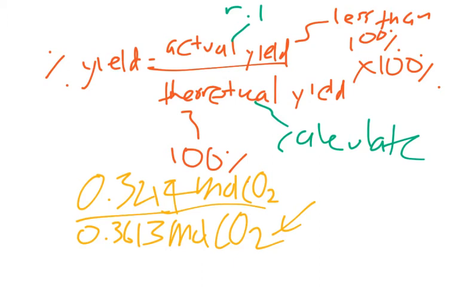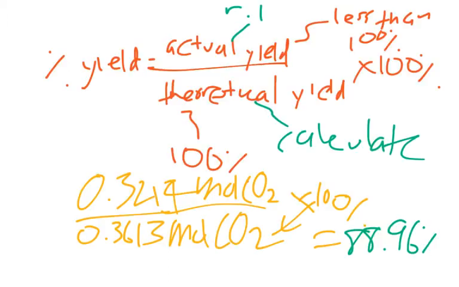So percent yield is actual yield, which is what is actually measured, over theoretical yield, which is what is assumed to be true using calculations, and multiply by 100%. So if we type this into a calculator, 0.3214 divided by 0.3613 times 100%, we get a number such as 88.96%. Oh, I went to the next slide.